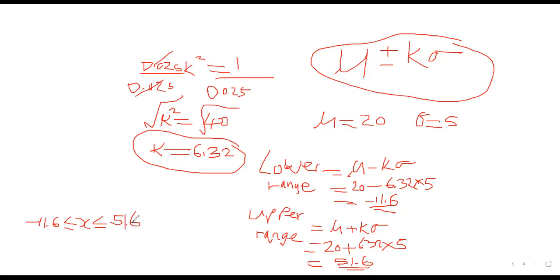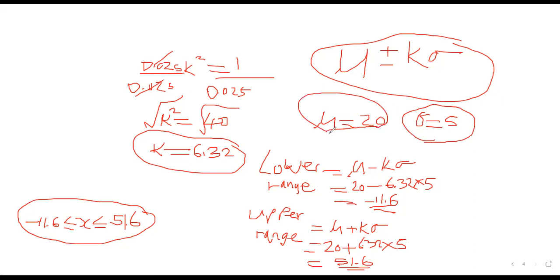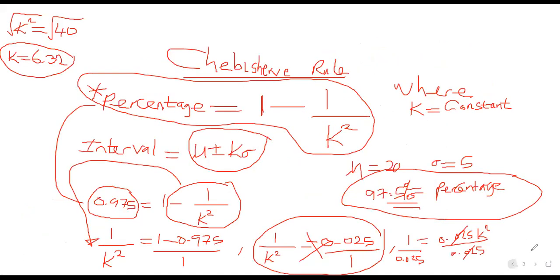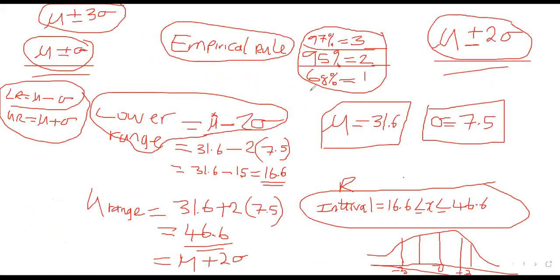The one for the empirical rule we did in that paper. So this is about how you go about the Chebyshev rule using the mean, the standard deviation and the formula that has been given there. I think you've seen it. And for the empirical rule, within one standard deviation of the mean, this came from the test paper that we looked at, where we found 16.6 less or equal to x less or equal to 46.6.